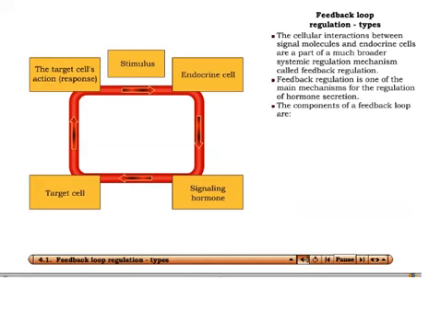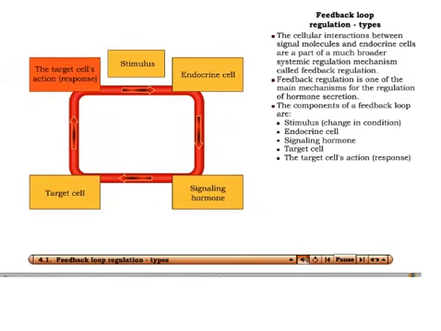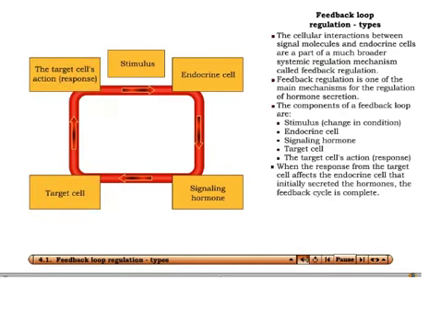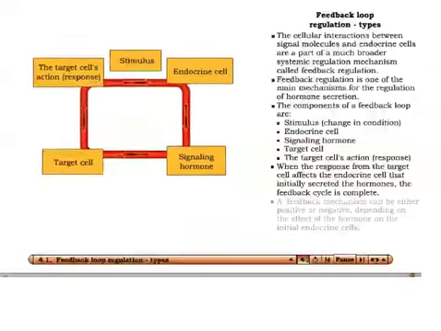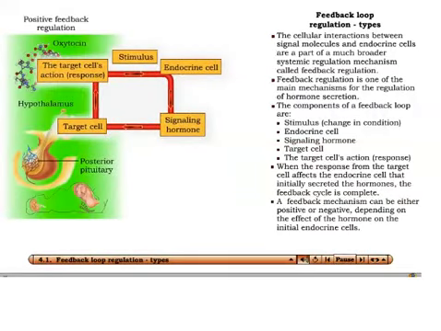The components of a hormone feedback loop are the stimulus, change in condition, endocrine cell, signaling hormone, target cell, the target cell's action, and response. The feedback occurs when the hormonal response from the target cell affects the endocrine cells that initially secreted the hormones. Depending on the effect of the hormone on the initial endocrine cells, a feedback mechanism can be either positive or negative.